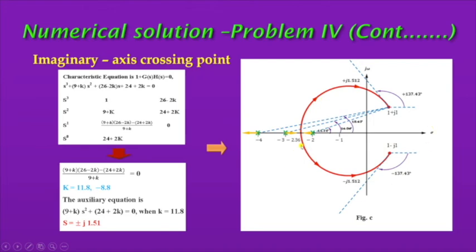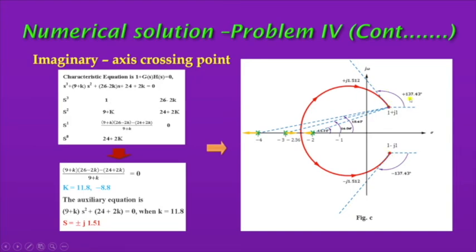Then draw the root locus. The root locus branches start from minus 2 and minus 3 and meet at the breakaway point, and finish at the finite zeros.